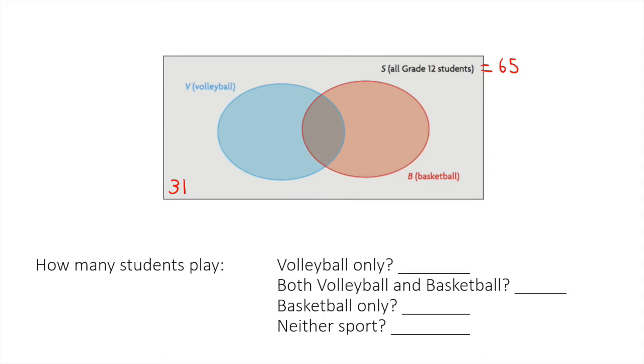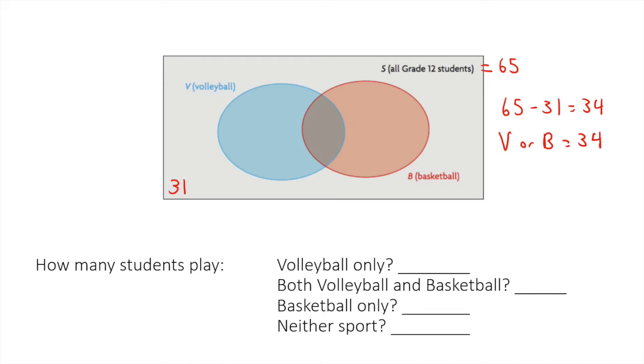Now, this is where you have to do some arithmetic. If we know that there's 65 total students in grade 12 and 31 of them don't play a sport, that means 65 minus 31, which equals 34. These folks play either volleyball or basketball. So we would say that volleyball or basketball is equal to 34.